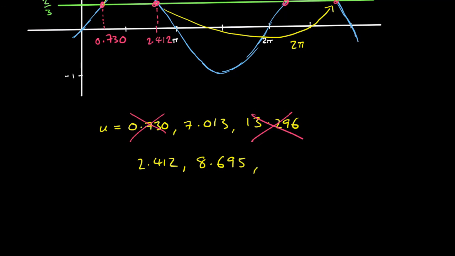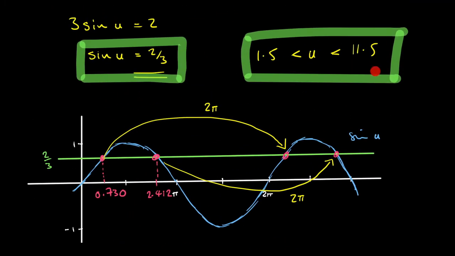And if I add 2 pi again, I would get 14.978. And again, that solution is too big, so that guy is discounted. So I've got these 3 solutions for u, and I know that those guys are correct because I've already worked out previously where u can go between.